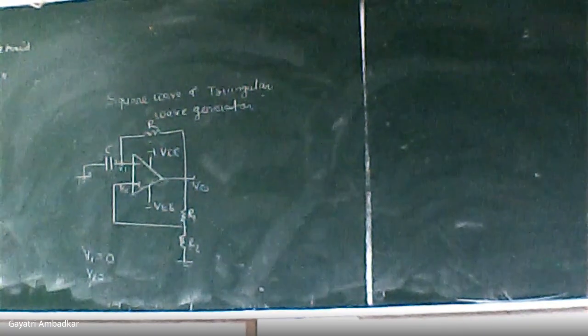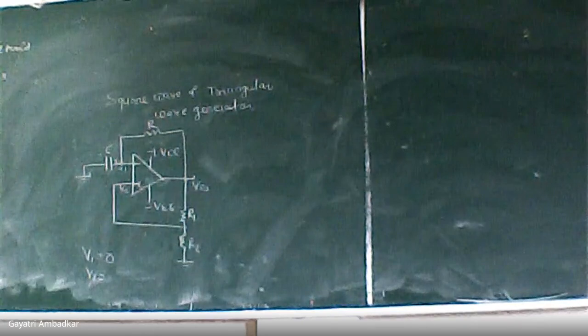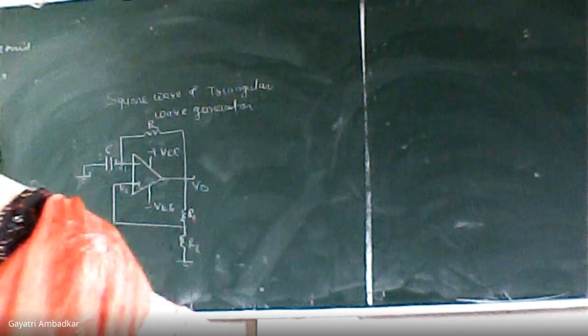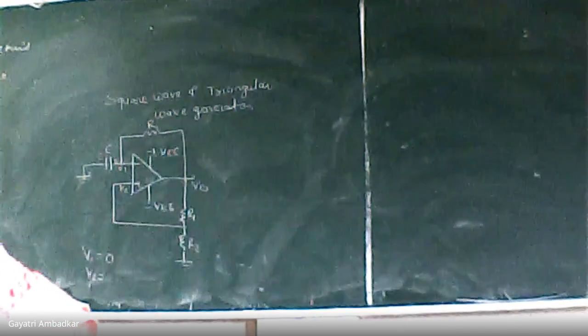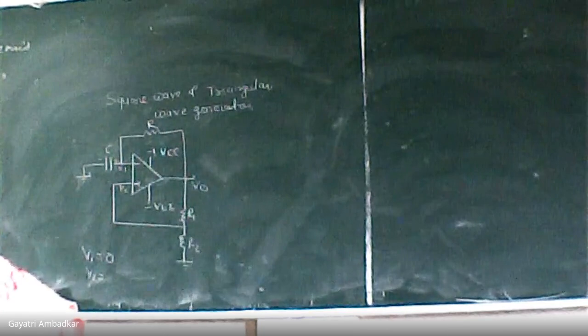So who is greater now? V1 or V2? V2. Because of the bias current and offset voltage, you will find some error voltage. So V2 is greater and therefore output will switch to, plus Vsat or minus Vsat? Plus Vsat. Very good. Output will be plus Vsat.